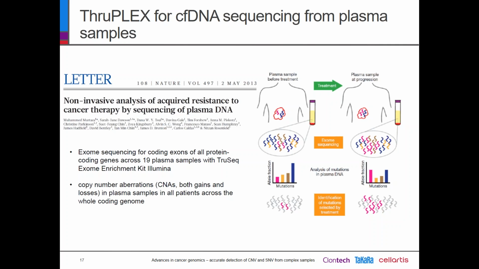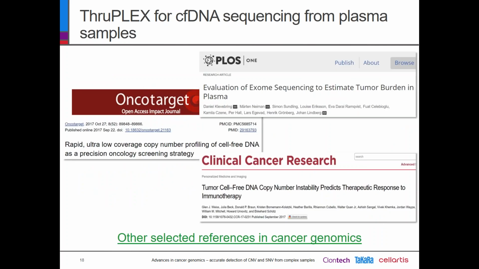So this is also a further proof of the combination of liquid biopsy samples, ThruPlex success in getting libraries from circulating tumor DNA, and target enrichment whole exome sequencing.